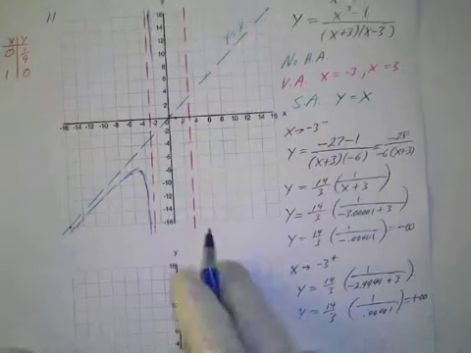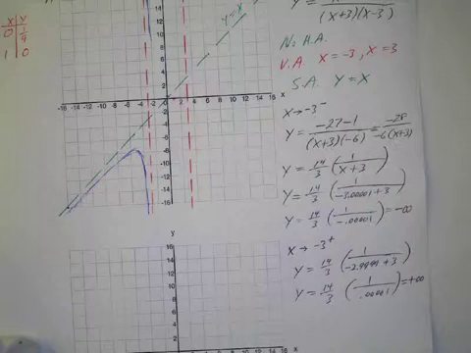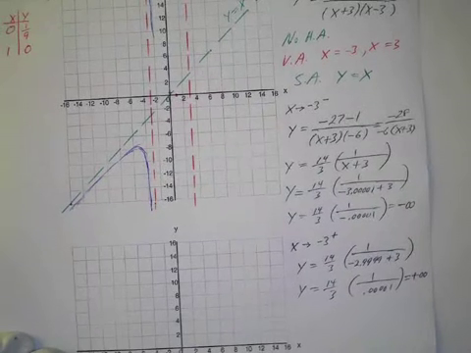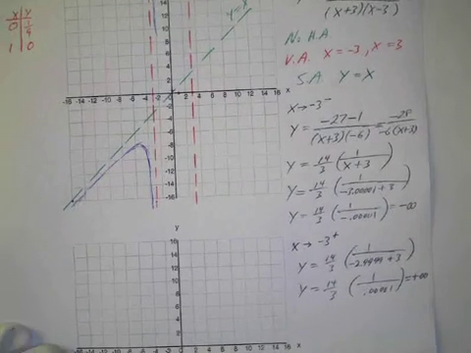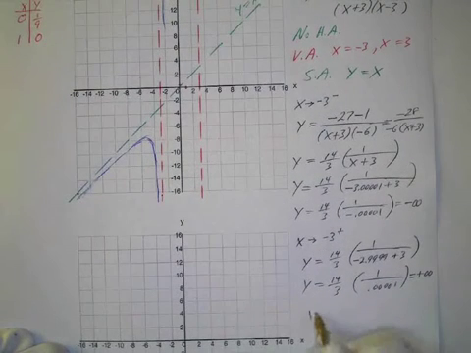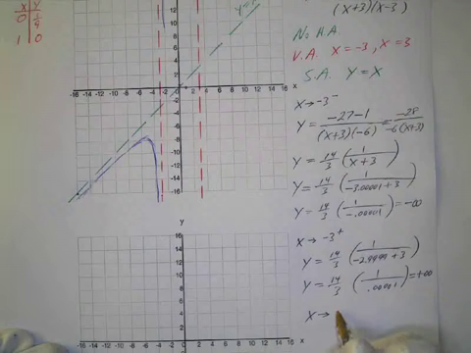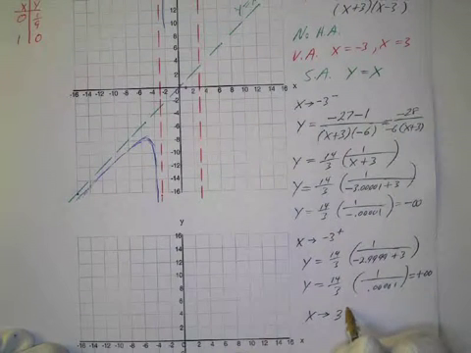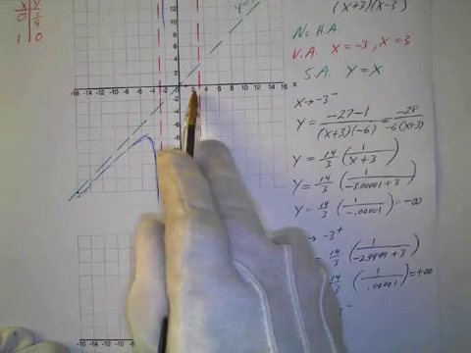Now we have to see what's going to happen when I approach 3. So let me put it back in the original up here. So as x approaches +3 from the left, the negative direction, see what happens over here.